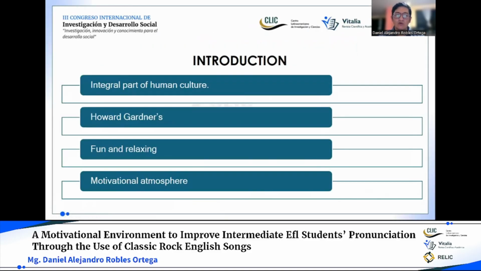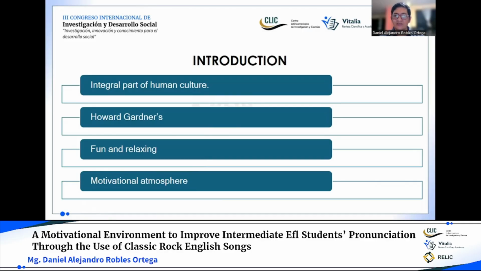As everybody knows, music is everywhere in life, representing an integral part of human culture. The use of music and songs in the English as a foreign language (EFL) classroom represents an interesting tool as long as it is correctly applied.